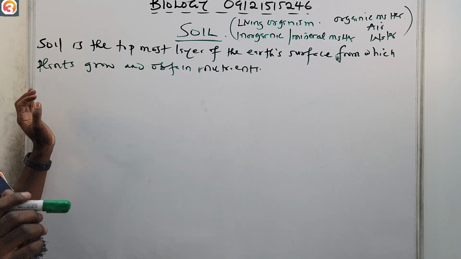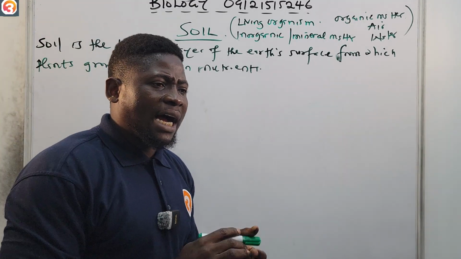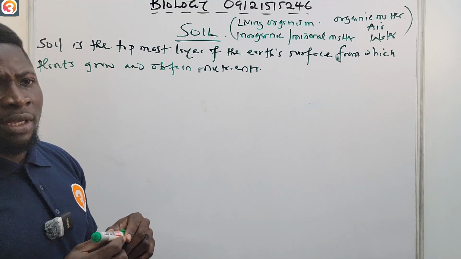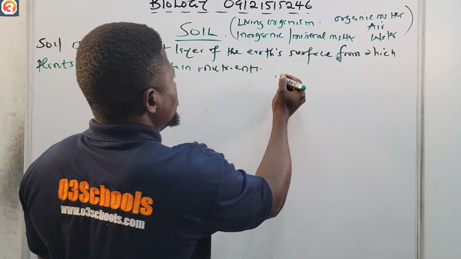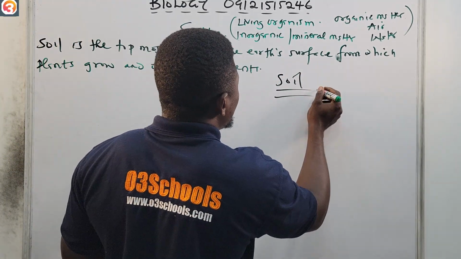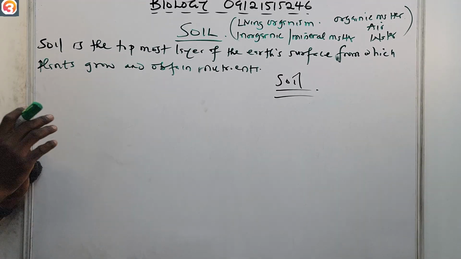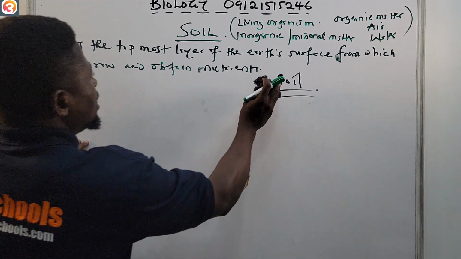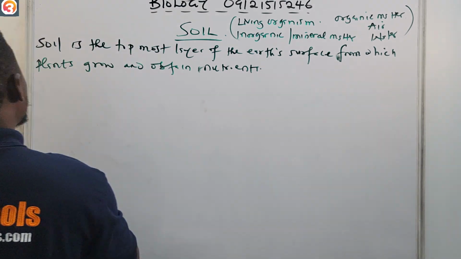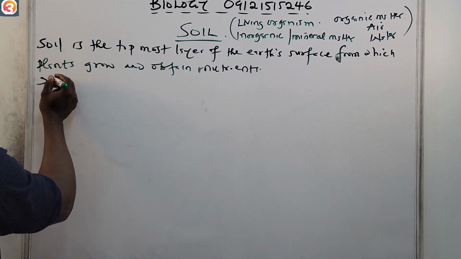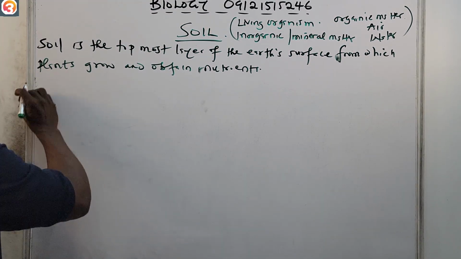But something that's important for us to also talk about is how soil is formed. Soil formation. How is soil formed? We'll say that soil is formed from parent rocks. So I'm talking about soil formation now.